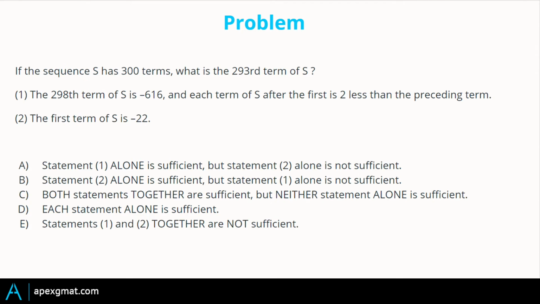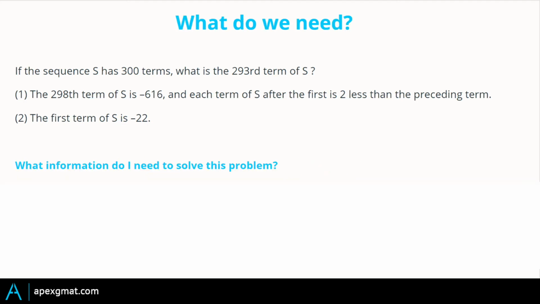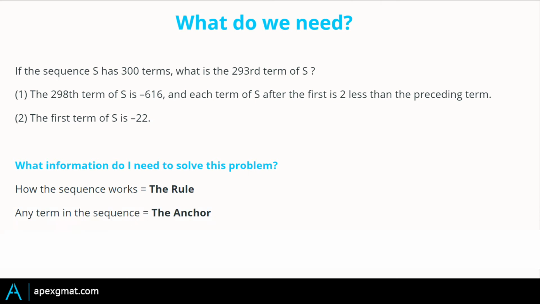The problem we're going to look at today is asking us for the value of a specific term within a sequence. And what we need comes in two parts. We need both how the sequence works, and we need to know, not necessarily where it starts, but some anchor point to tell us what some term is relative to the sequence, so we can figure out any other term above or below that.